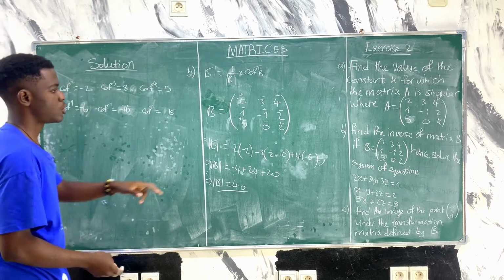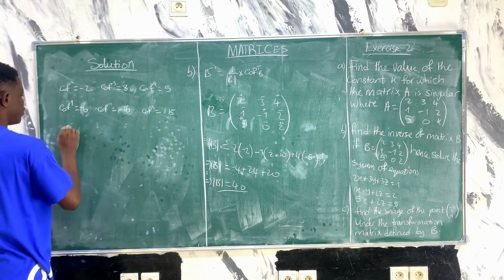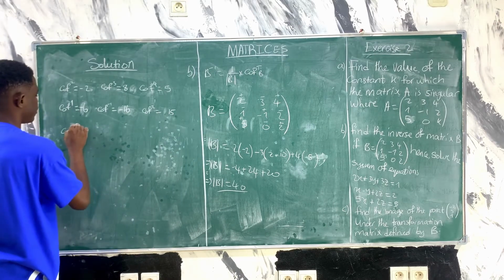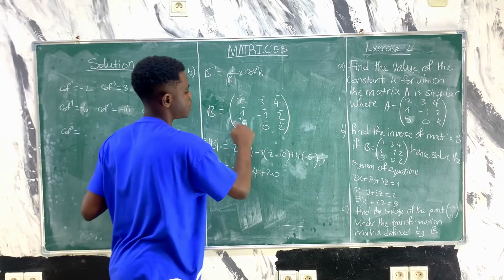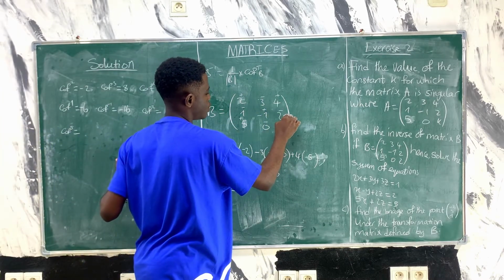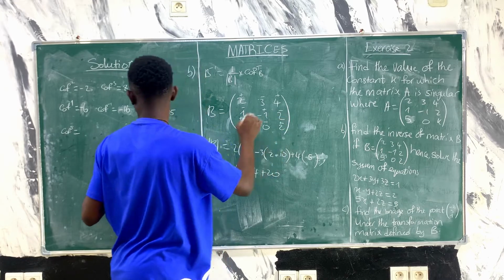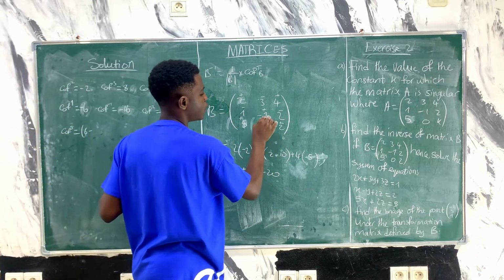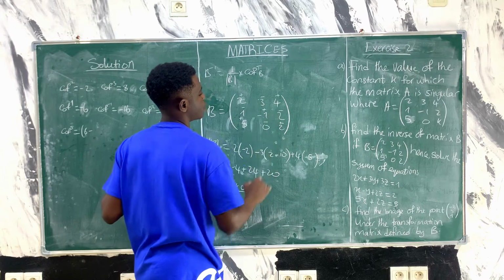Cofactor of 5 is equal to, cancel this and this, you have 3 times 2, 6, minus 1 times 4, minus 4.